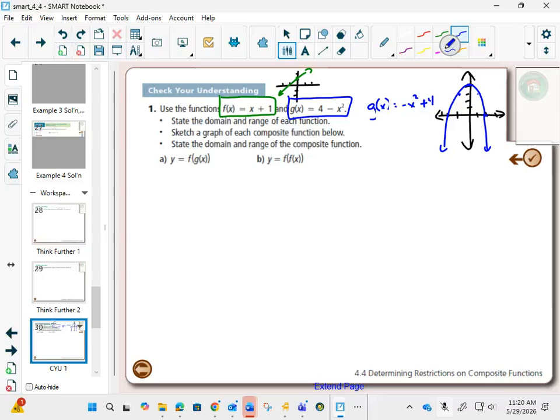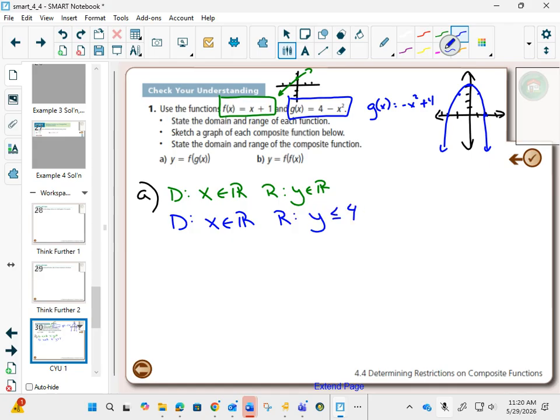So the green one, because part A, well, it says we need to do the domain and range of the green one, the domain and range of the blue one.